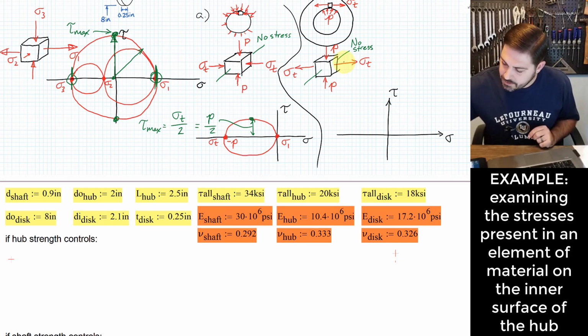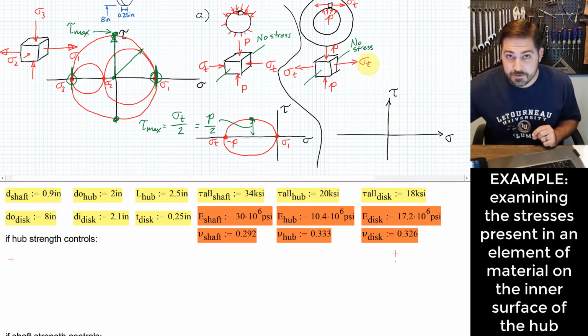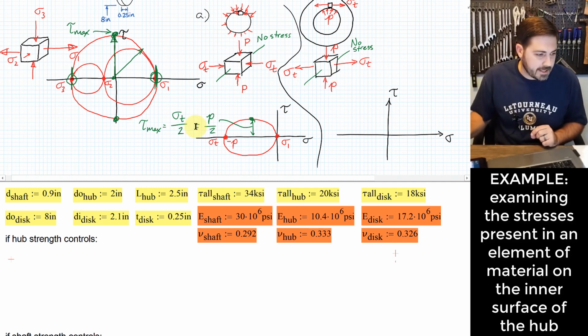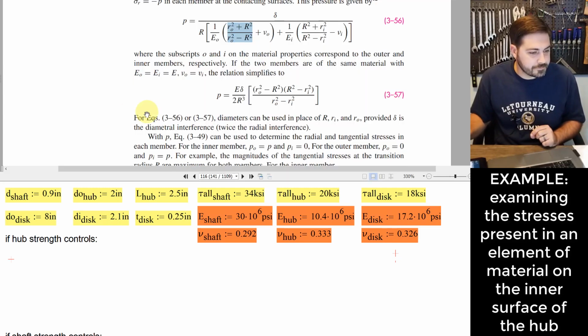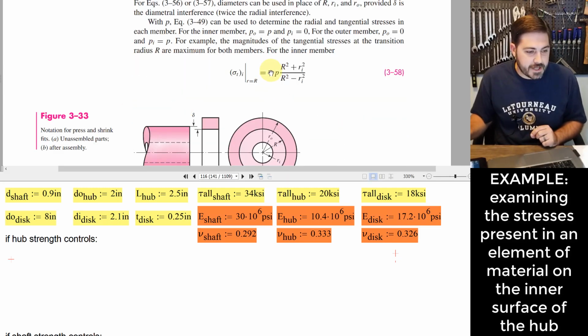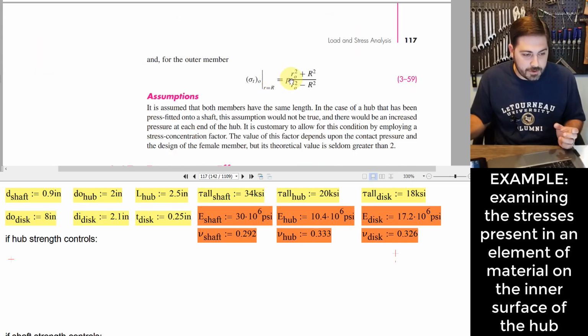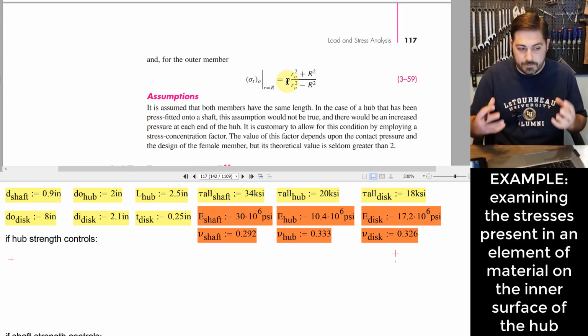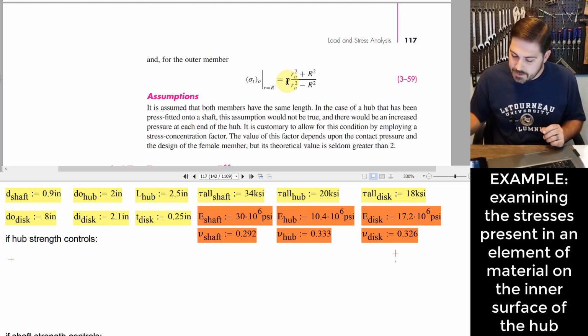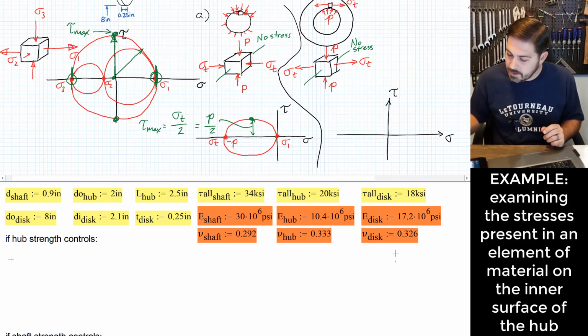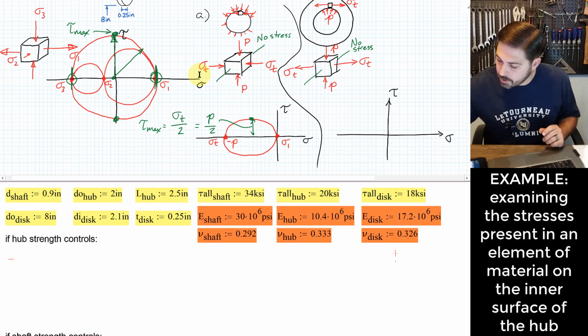And what we'll see here is that we do have three components of principal stress. I've got one that's positive, sigma t. I didn't go back and look at that, but if you look in here, we had this negative sign for the last one for the shaft. For this one we're about to work on, there is no negative sign. We have a tensile stress that's happening in the hub part of this.